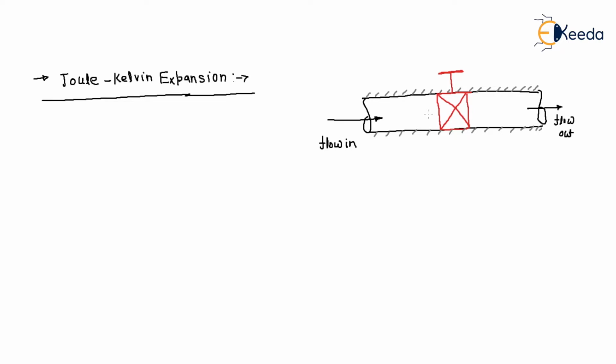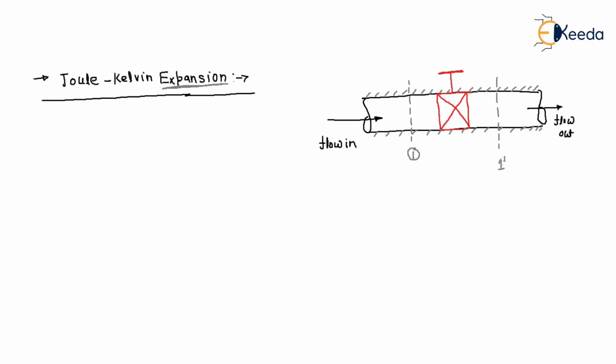Now, what is done in Joule-Kelvin expansion? There is an expansion. That means if we take two cross sections, this is your inlet section 1, and let's suppose this is your exit section 1 dash.